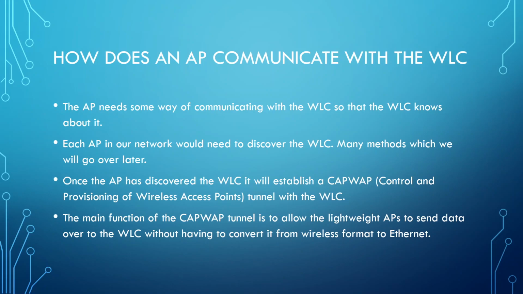Essentially, that data is going to be traveling over an Ethernet, switched network. So how do they get that data, which has the wireless information all added to it, to the wireless LAN controller, so the controller can take that information and convert it into an Ethernet format so that the wired devices can understand? It does this by sending that data through the CAPWAP tunnel all the way to the wireless LAN controller.